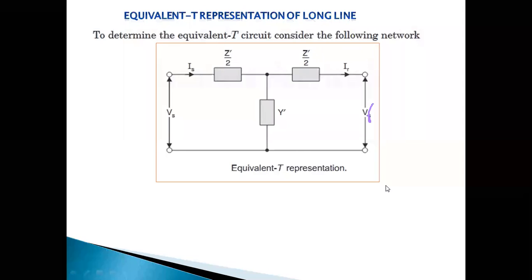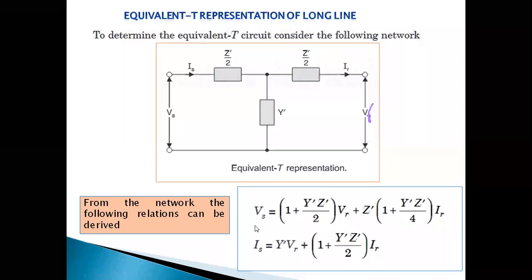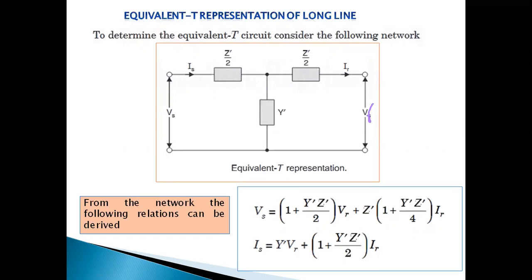Now again, using the rigorous method. In the previous nominal pi model, we have obtained these equations. The same thing we have obtained again by applying Kirchhoff's voltage law and Kirchhoff's current law.